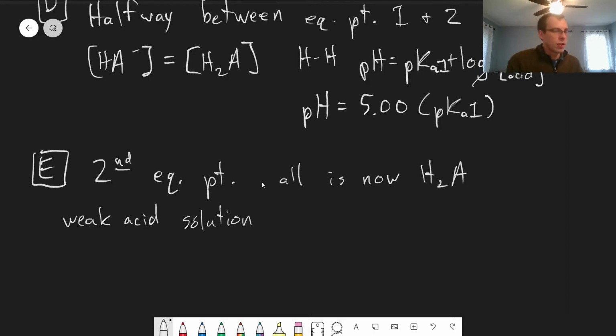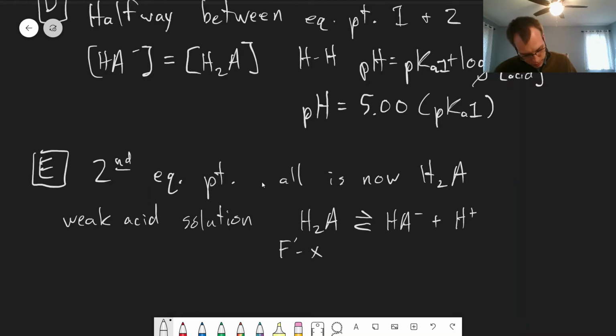Okay, so we now have our H2A, which is going to dissociate into HA minus plus H plus, and we want to find that concentration of H plus. So this is similar. We're going to have an altered formal concentration.